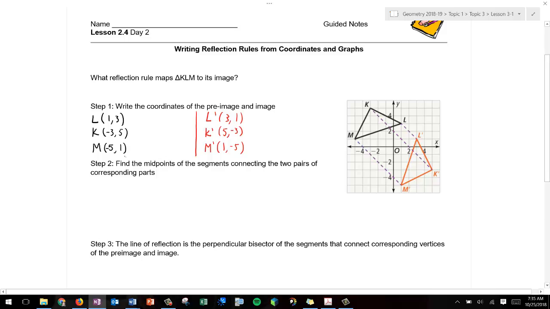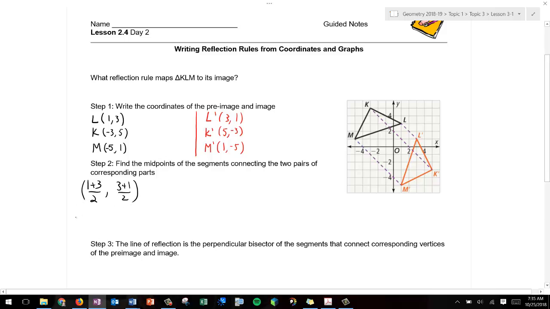All right, now we've got our three sets of points for both our pre-image and our image. The next part says to find the midpoint of the segments connecting the two pairs of corresponding points. In other words, from L to L prime, what's the midpoint? From K to K prime? And from M to M prime? For L prime, I'm going to add 1 plus 3 and divide by 2, and 3 plus 1 and divide by 2.